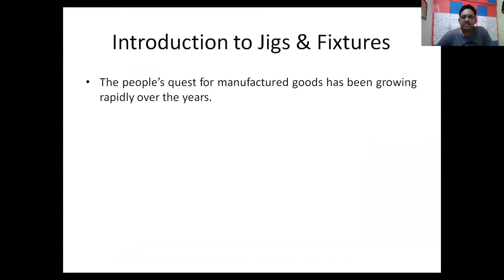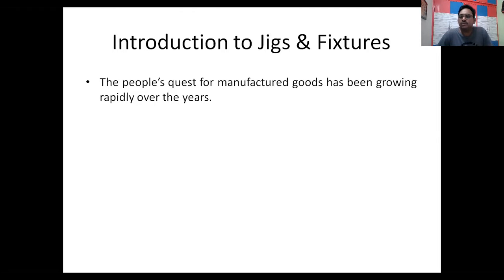People's quest for manufactured goods has been growing rapidly over the years. In earlier days, we used to have only homemade things, goods made in cottage industries.